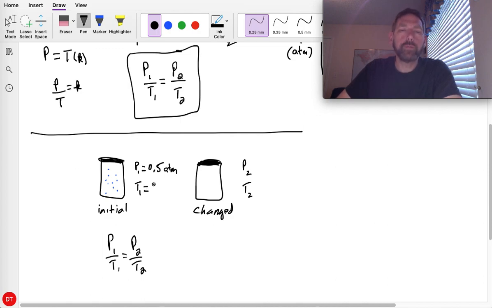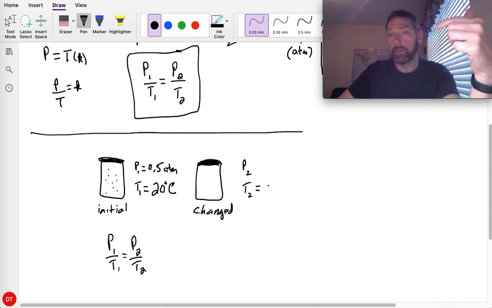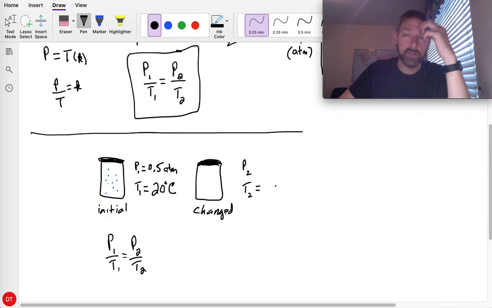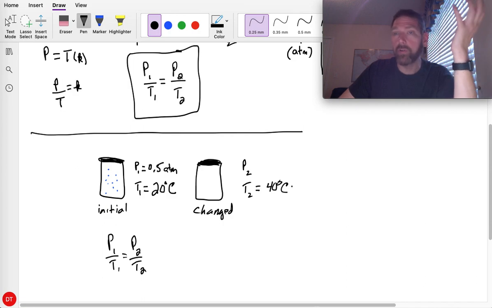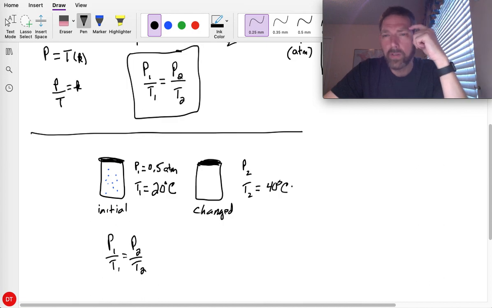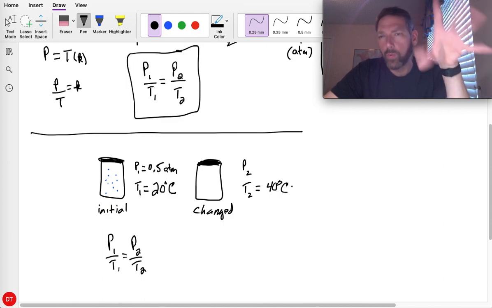So let's just assume the temperature is somewhere around room temperature, which is approximately 20 degrees Celsius, right? And then the temperature is increased quite a bit. Let's just say the temperature is increased to around 40 degrees Celsius. Celsius is something that people are not necessarily intimately familiar with, unless you work with it all the time.